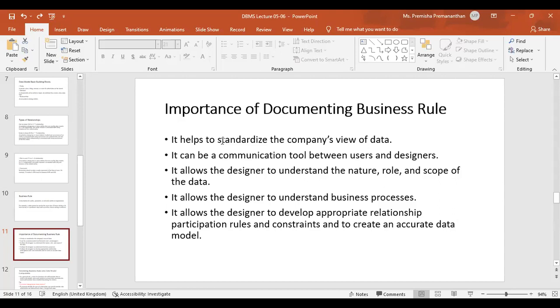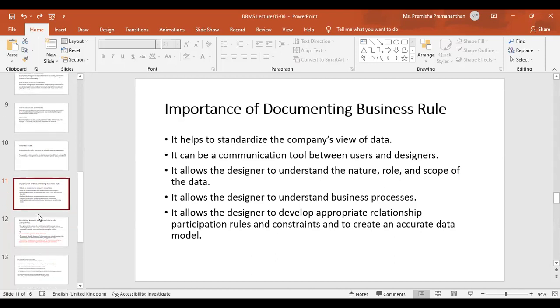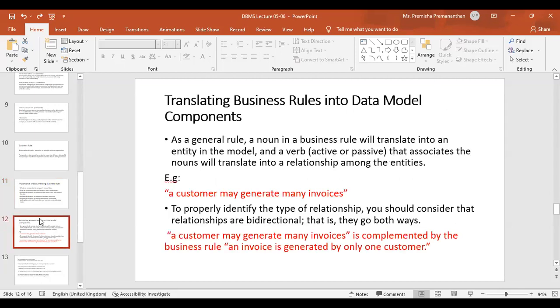So it all depends on documenting the business rule. If you don't document these, each time the designer needs to communicate with all the end users, it takes so much time, and it can lead to improper or wrong data collection as well. So you have to document your business rules.